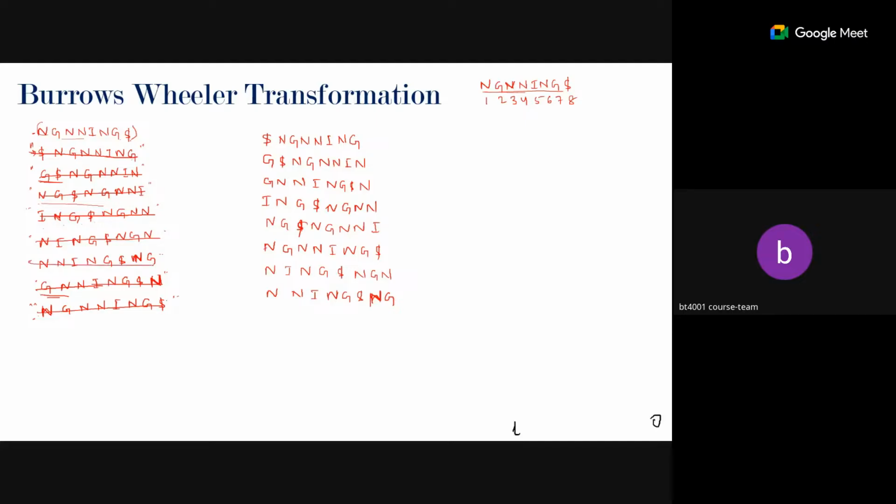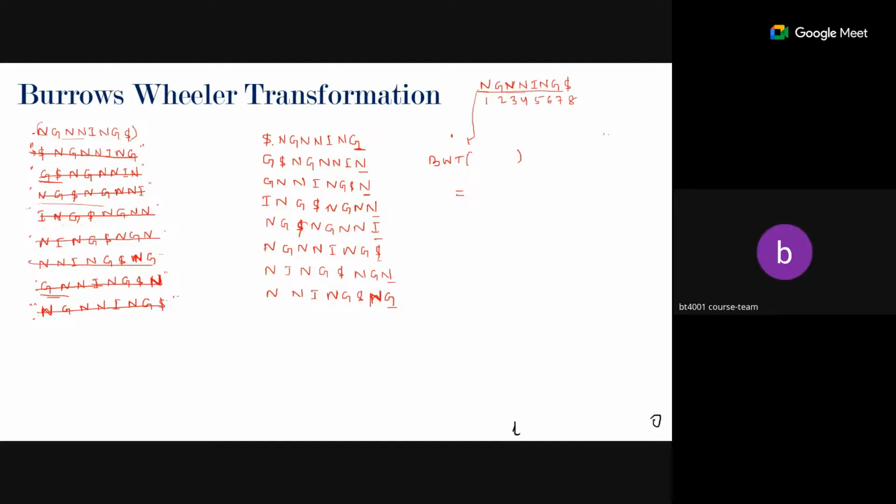Okay. So once this is done, what you are going to do is create a string. The Burrows-Wheeler transformation of this string is equal to taking the last character of each of these and just appending it.